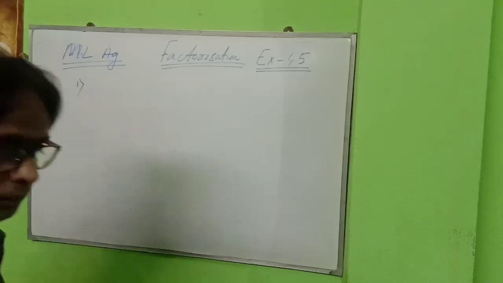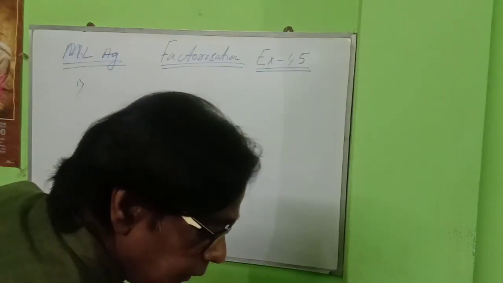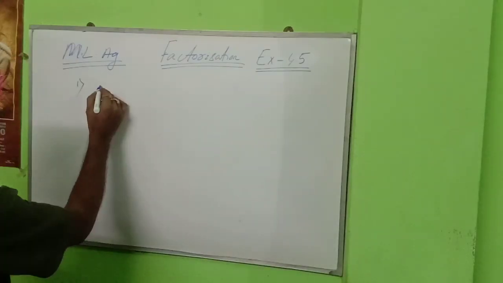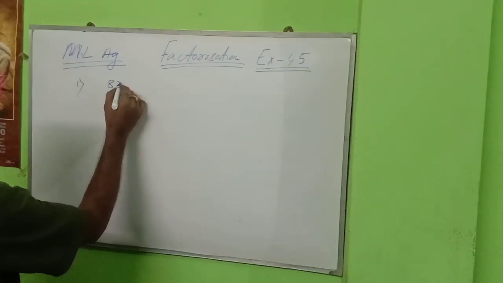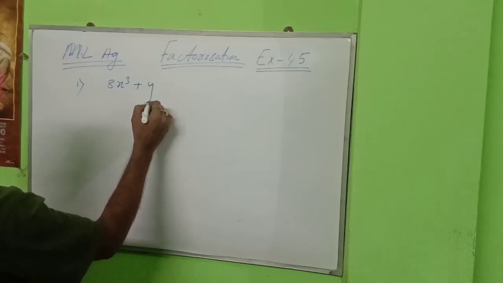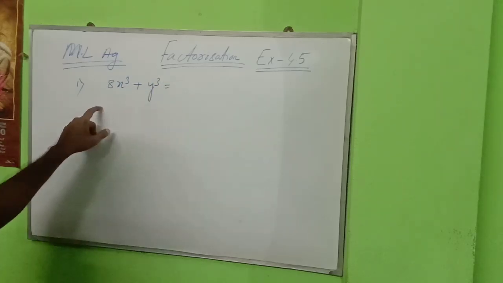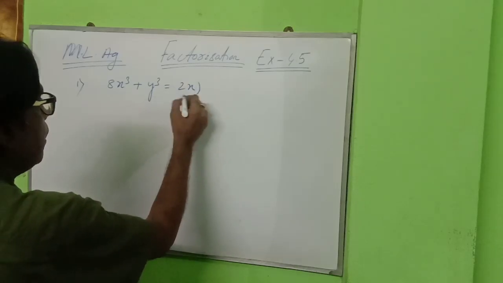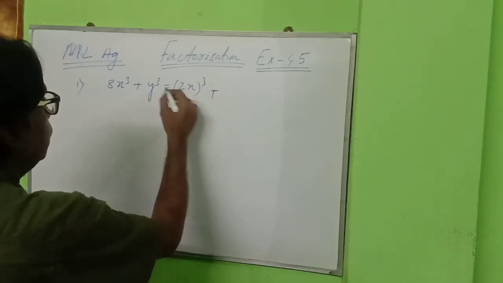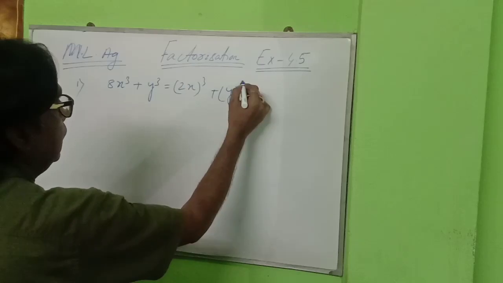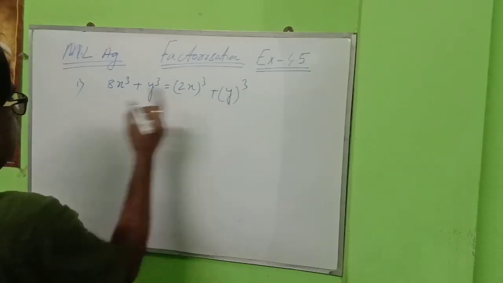It is given like this: 8x cube plus y cube. See, 8x cube means 2x whole cube and y whole cube. You have to apply the a cube plus b cube factorization formula.